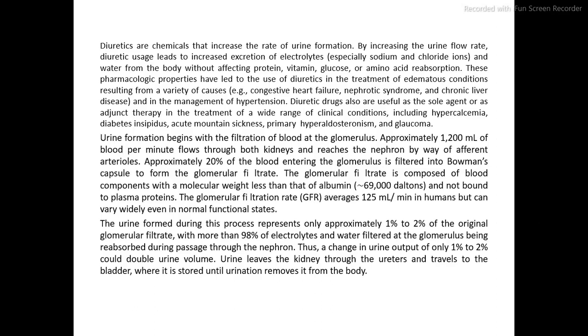These nephrons are composed of components like the glomerulus, and also of various tubules like the proximal tubule, loop of Henle, and the distal tubule.